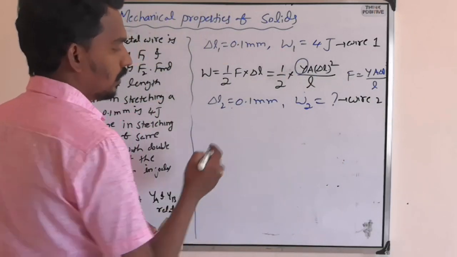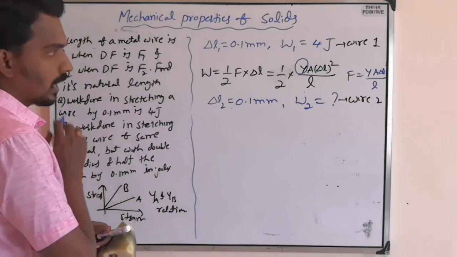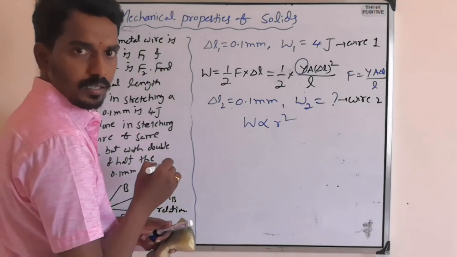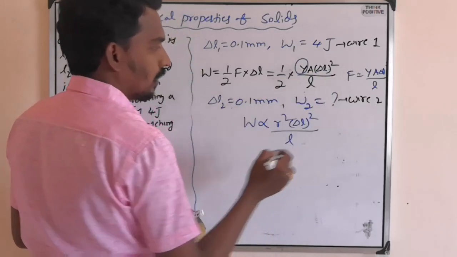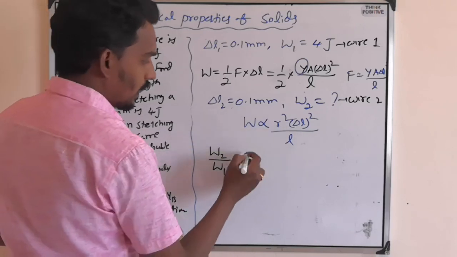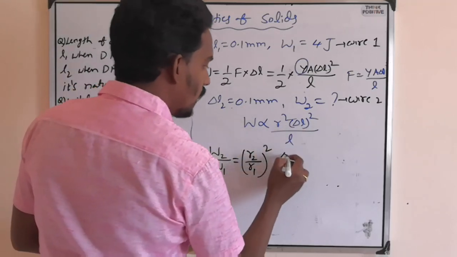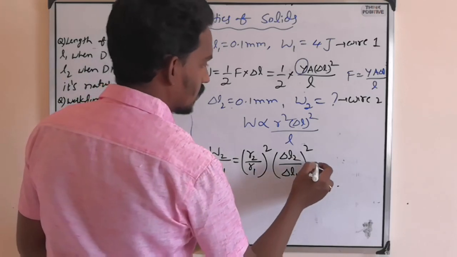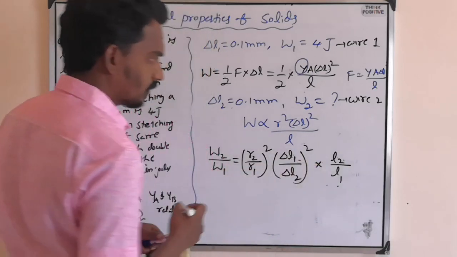In the work done equation, as Y is the same because the material is the same, I can write W is proportional to R square, then delta L whole square by L. Then W2 by W1 equal to R2 by R1 whole square into delta L2 by delta L1 whole square times L1 by L2.